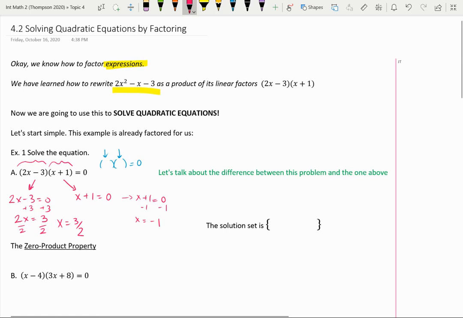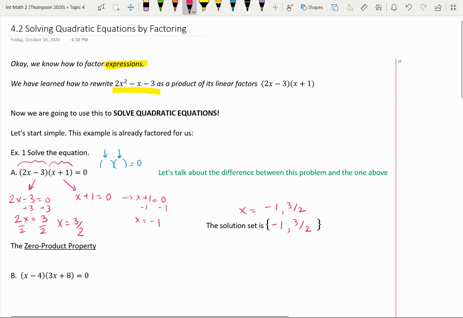That's going to fall into these brackets over here, and the assignment goes back and forth between using the solution set and these brackets and x equals. So just to show you that they're the exact same thing, I'm going to do both of them here. You could say the solution set is fancy parentheses negative 1 and 3 halves, or we could just say x is equal to negative 1 and 3 halves. Just know that they're the same thing.